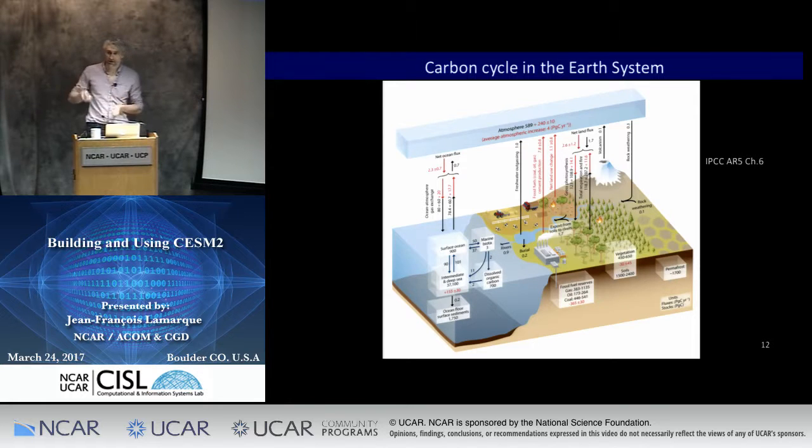So the change is really what we're after, but we have to capture all the fields that will lead to all those processes, and it's both within the ocean with very, very different timescales, whether you're looking at the surface or the bottom of the ocean.